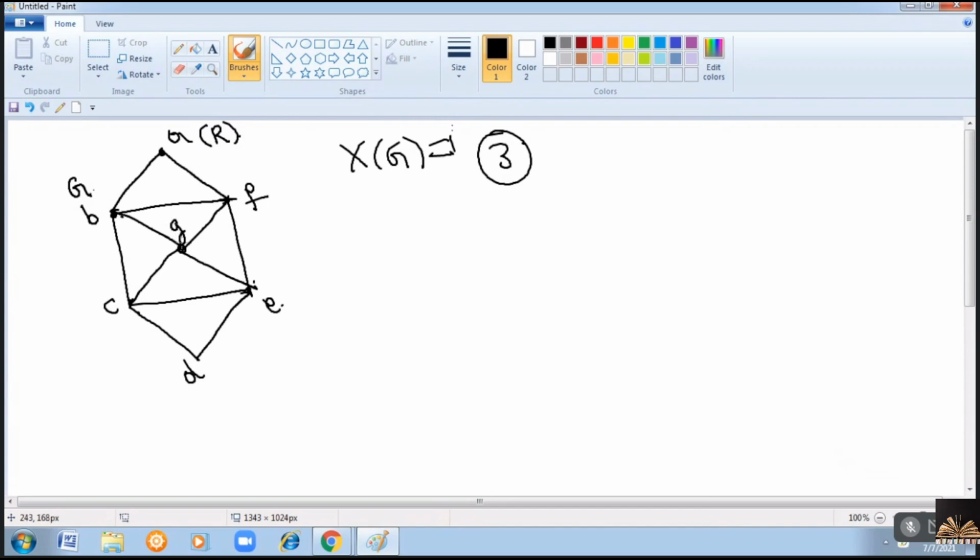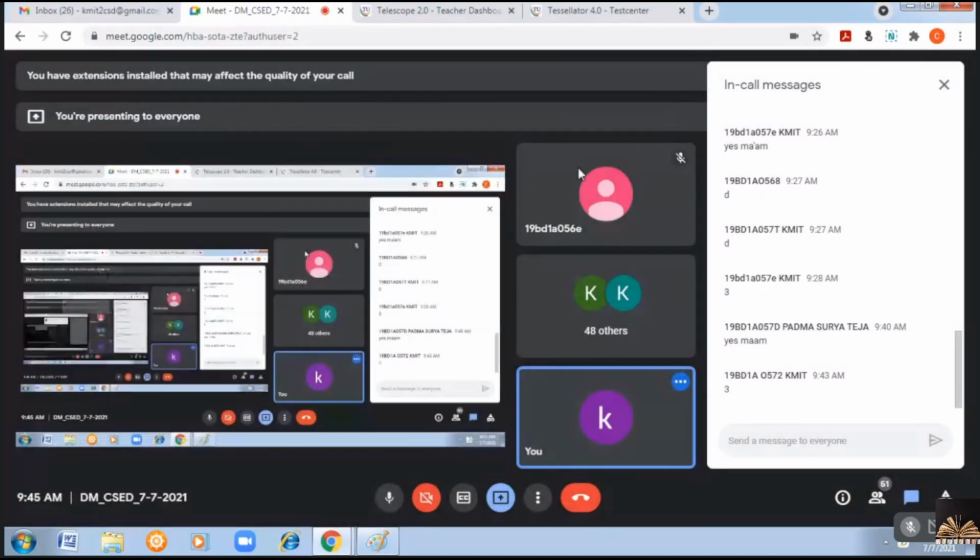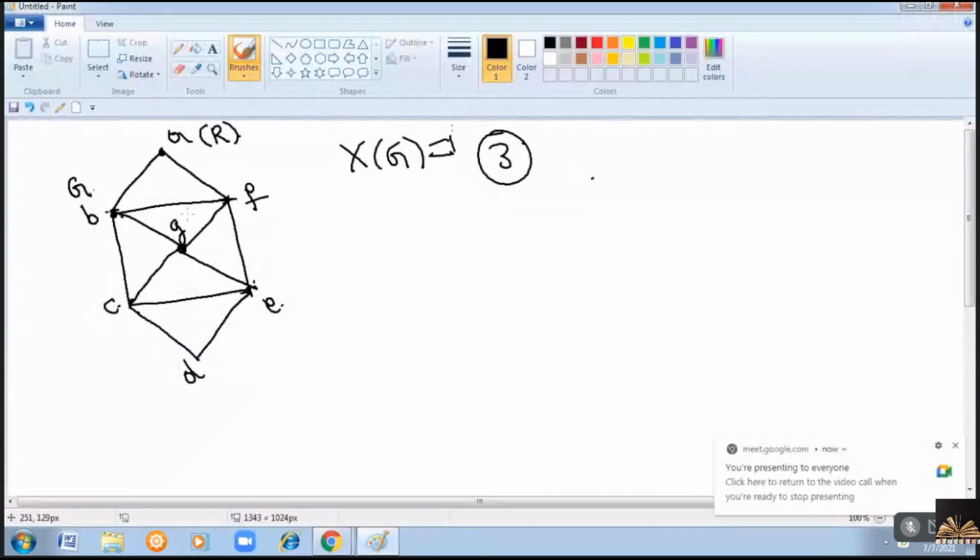And it is also adjacent to G. This B is adjacent to G. Therefore, C and G should be colored with a color other than green. Let us suppose I color this with a new color, you can color this G with red. Why? Because A is not adjacent.